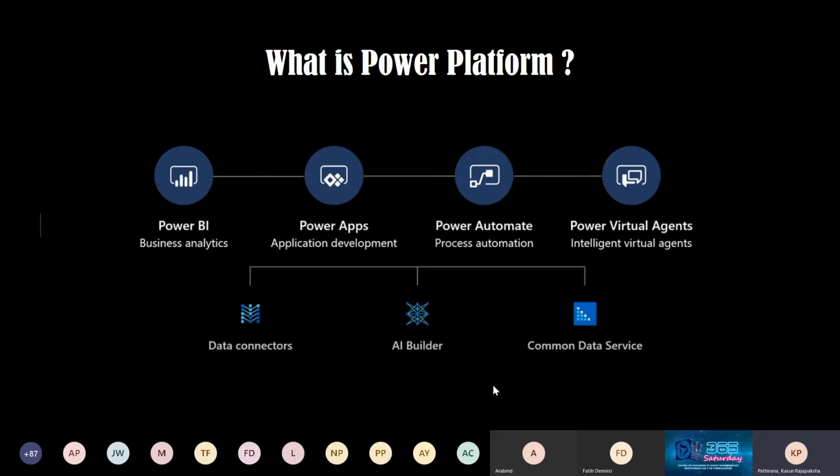And Power Virtual Agent is a low-code way to create chatbots, and you wouldn't need a data scientist to help you build applications. Power Virtual Agent is also able to connect with Power Automate and create the actions part of it.